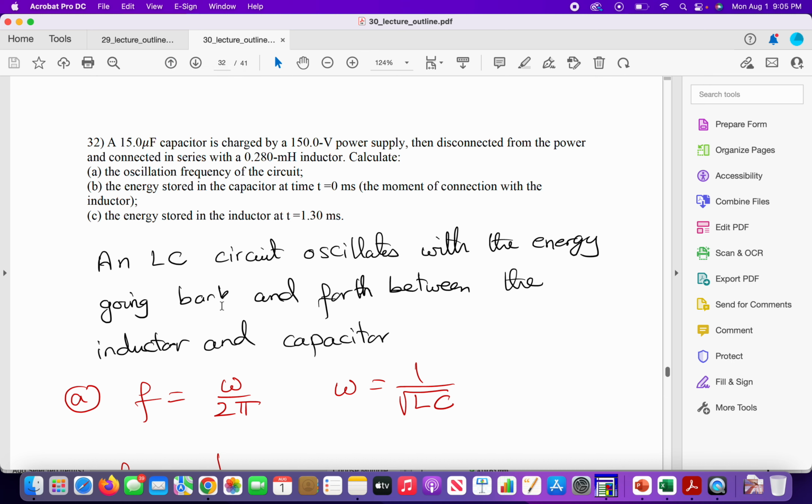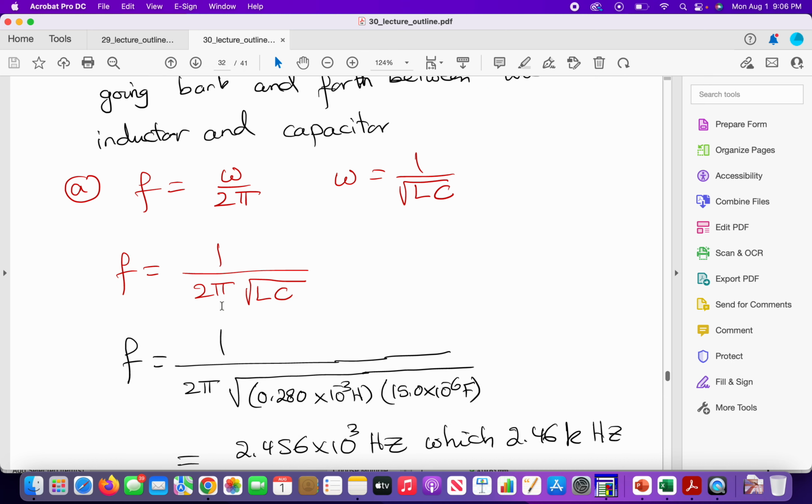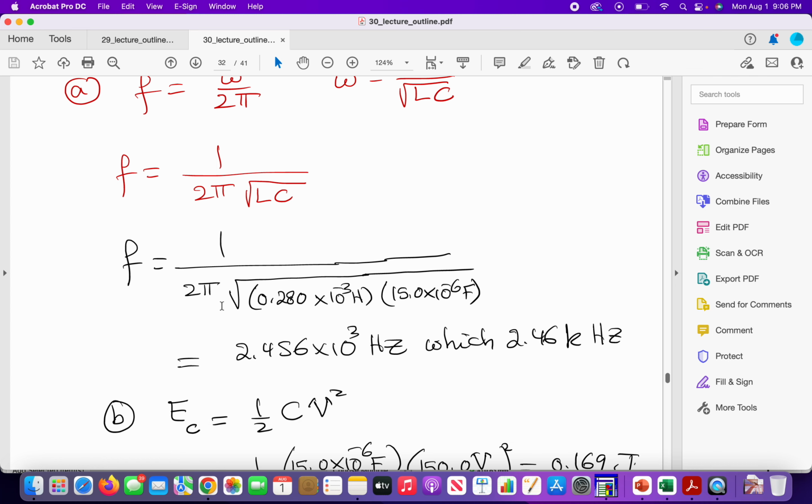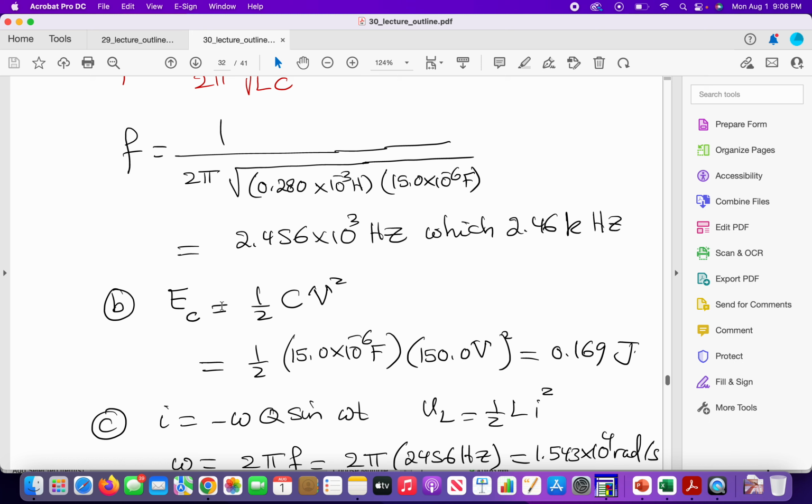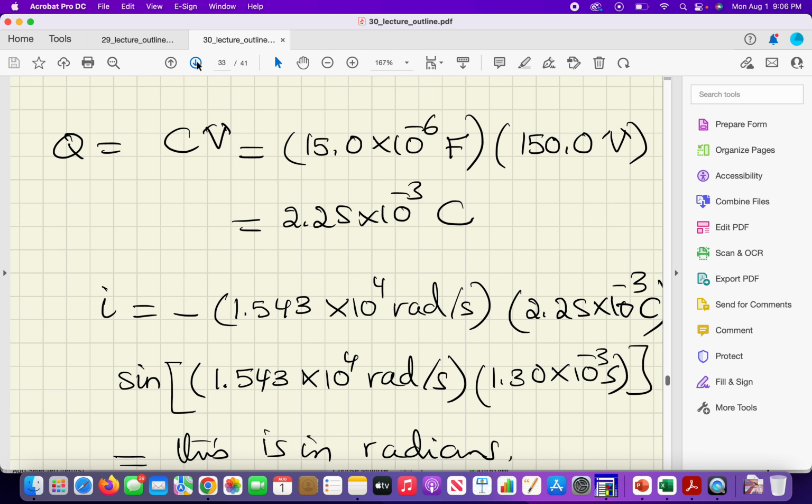Okay, let's go back here. We have the frequency, and then E_C, and then I, and we were able to calculate omega, which is 2 pi times the frequency. Then I can calculate Q, which is C times V, and I can calculate the current using the equation.